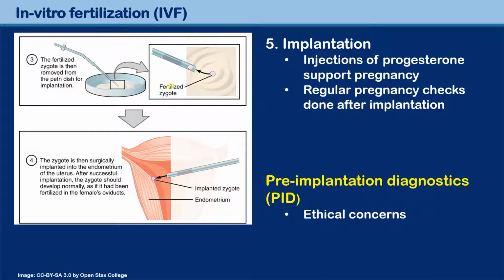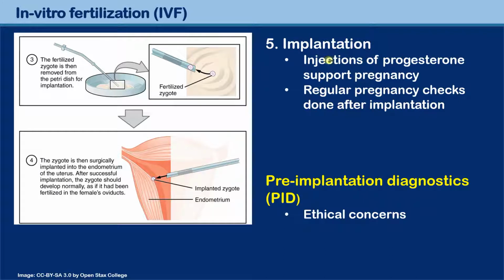So you take it up again, and then you see it is sucked in over here, and then it is injected into the uterus wall. It says over here it's surgically implanted into the endometrium. The endometrium is the inside lining over here. And after it's implanted, hopefully pregnancy is going to develop.